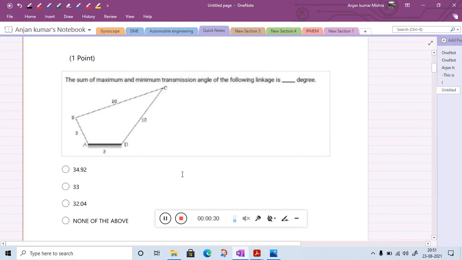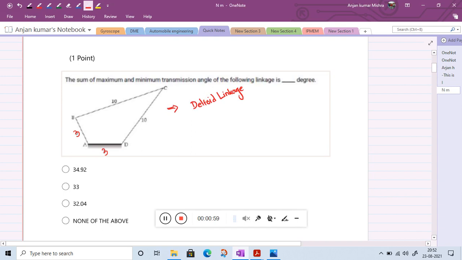As you can see, all the lengths are given. From this diagram you can see that these two lengths are the same, that is 3 and 3, and these two lengths are the same, that is 10 and 10. So what we can tell about this linkage is that it is simply a deltoid linkage. How is this a deltoid linkage?